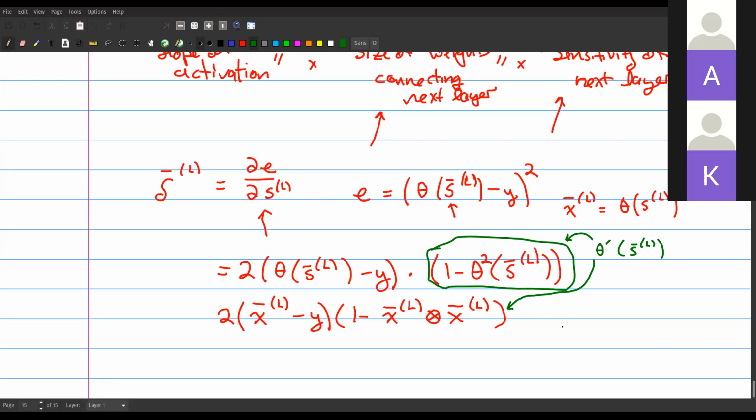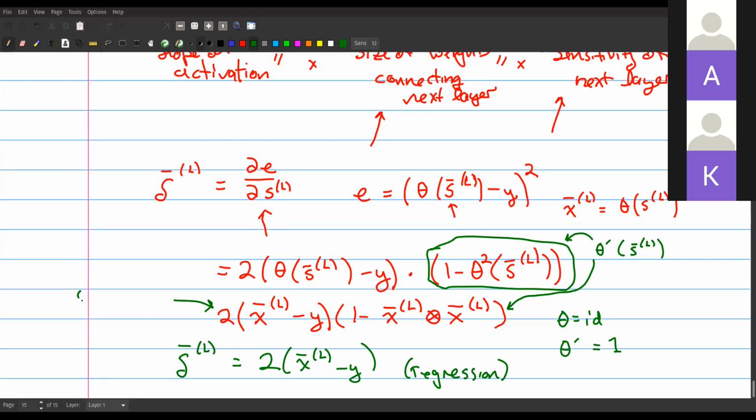But if you're doing regression, then theta is just the identity function. It's the function that does nothing because you're basically not applying it. And in that case, theta prime is just 1. So if you're doing regression, then delta^L is just equal to 2 times x^L minus y, period. So this is in the case of regression. And this is in the case of classification.